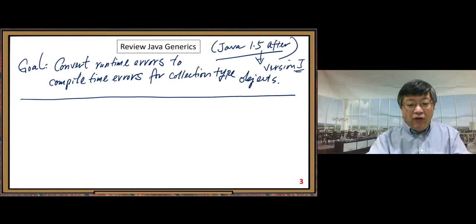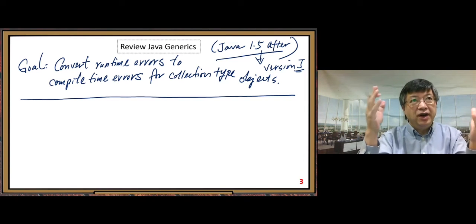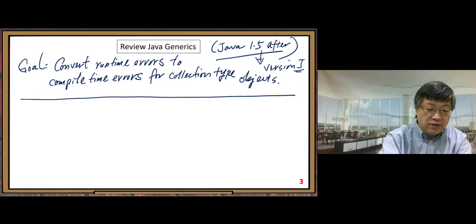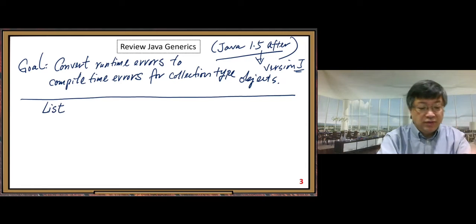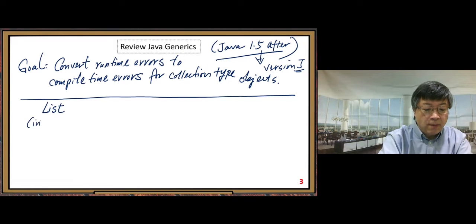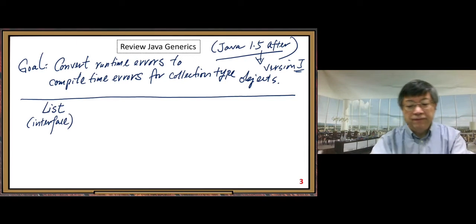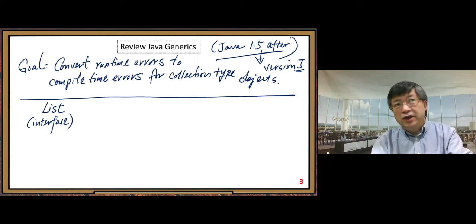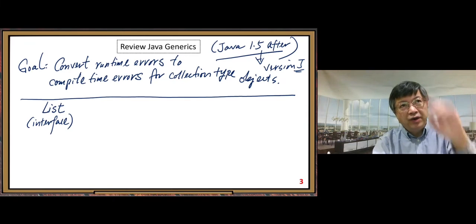Before we use Java generics, what are Java generics? Let me use one example, a List object. List is an interface, so it is not a class. In order to create a list, we have to use a concrete class.